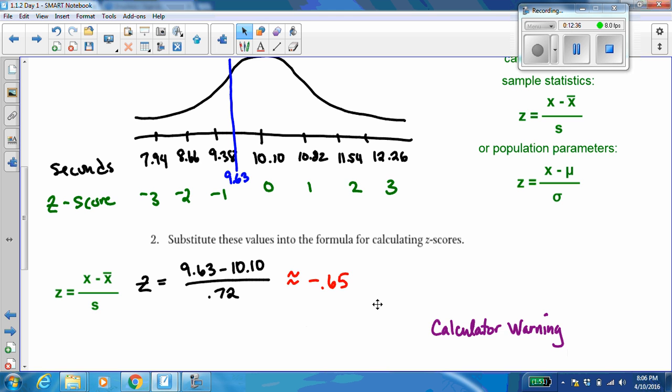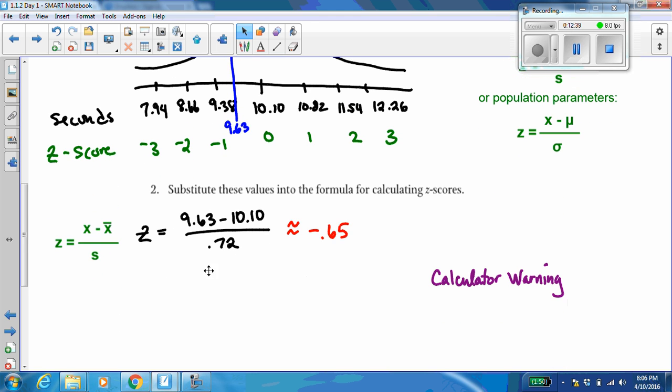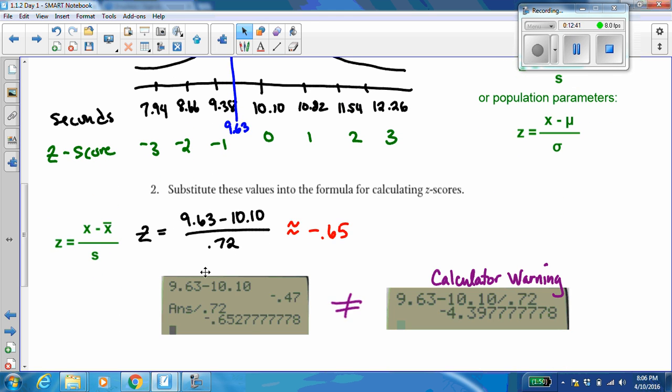Now, be careful when we're putting this into our calculator that we don't make mistakes. If we decide to make this 2 steps, we should do the numerator first, find our answer, and then divide by our denominator. If you put it in your calculator like this, remember order of operations. Your calculator is going to first divide negative 10.10 by 0.72 and then do 9.63 plus that value.